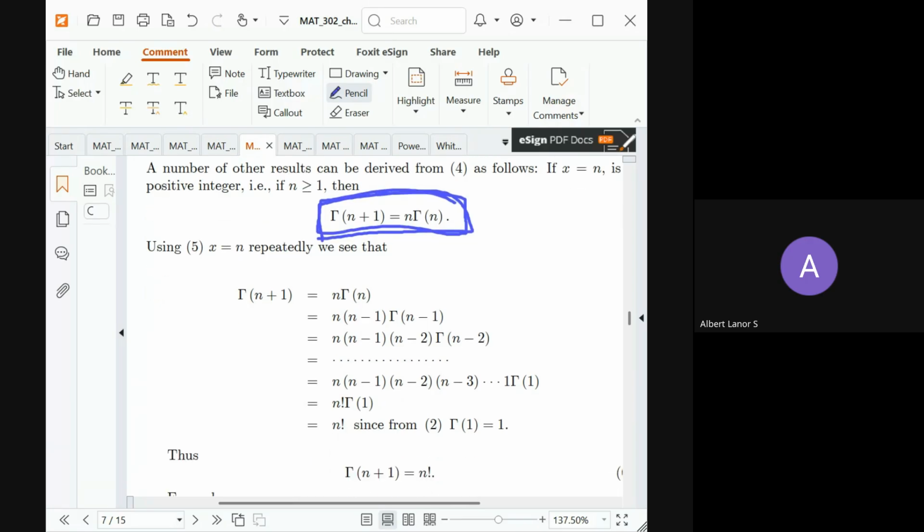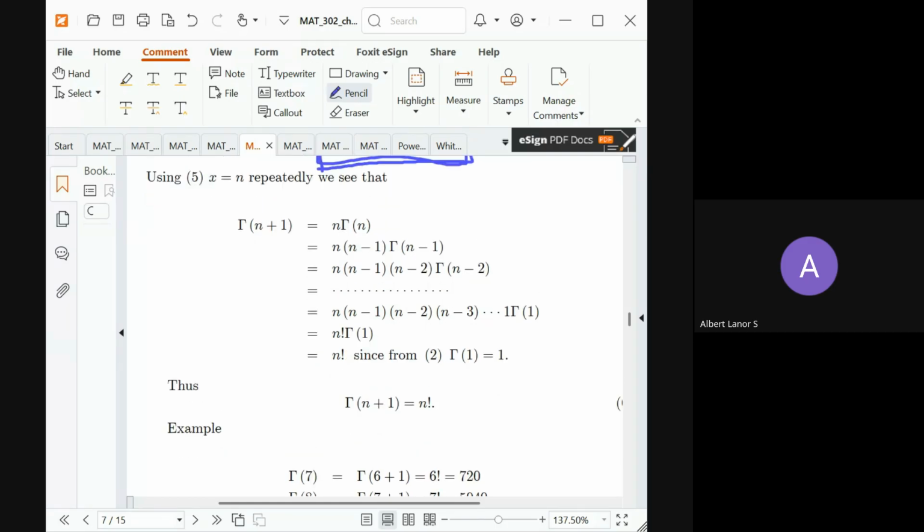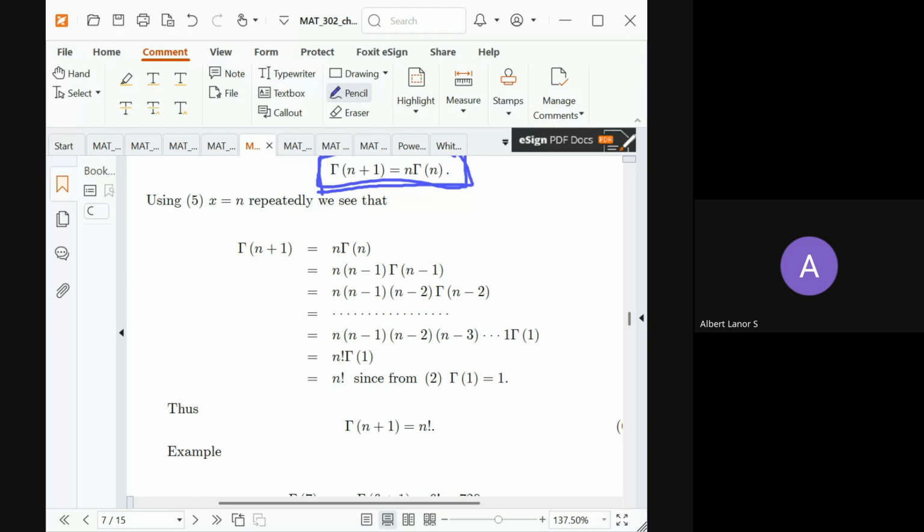Now, in the generalization, you see that gamma of the next one is n gamma of n. Now we know that gamma of n is n minus 1 times the gamma of the previous one. Then you do the same thing, n minus 2, gamma of n minus 2, until you get closer and closer to the last one, and the last one is gamma of 1.